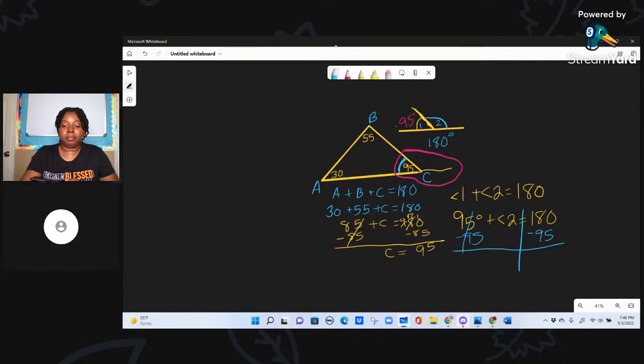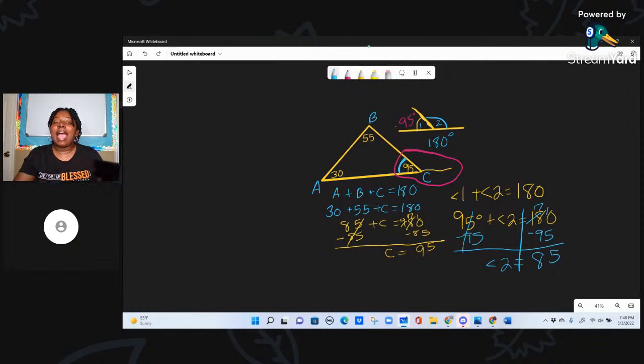And so 10 minus 5 is 5. 17 minus 9 is 8. Almost. Good. So angle 2 would be 85 degrees. So that would be that missing angle on the outside.